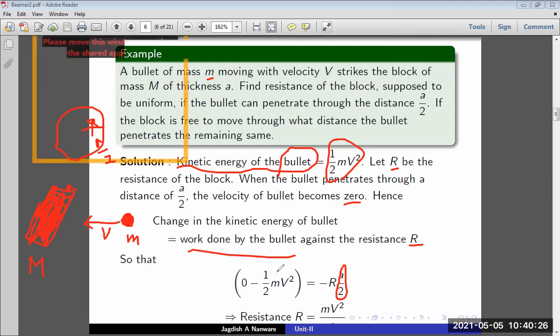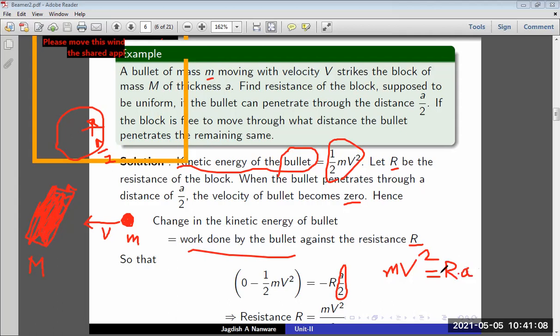So the left hand side is only minus half mv square, and the right hand side is minus R into A by 2. So minus minus will be plus. Both terms will be positive, and this half vanishes with this half, right? And we write the value of R. So the final expression is like this: small m into v square is equal to capital R into A, where R is the resistance of the block, and A is the thickness of the block, that we know, right?